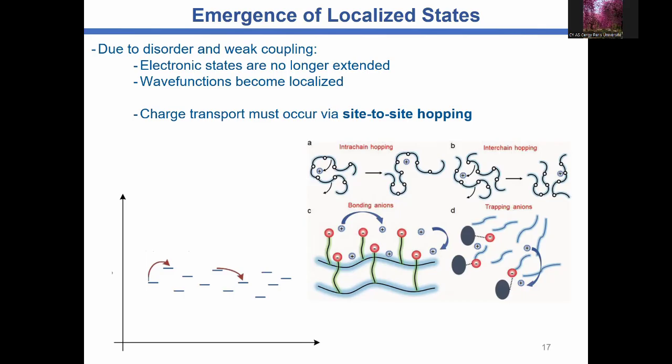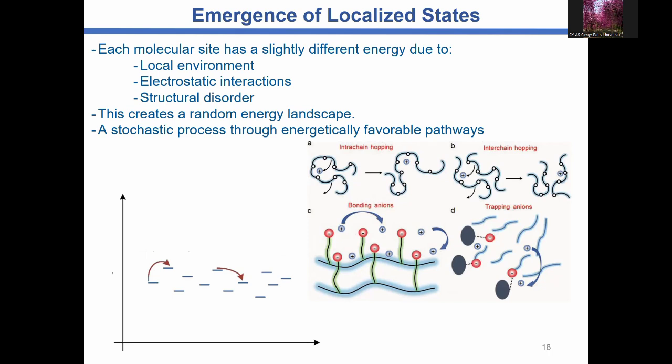So the transport is also influenced by anions or cations. So what I want to highlight here is that a small variation in your system will affect the electronic properties of the material really strongly.